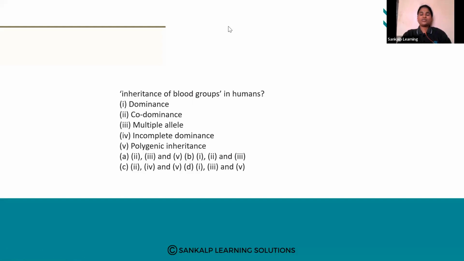AB blood group shows codominance. Aishu answered it correctly, option A, 2, 3, and 5. Multiple allelism, then codominance, as well as polygenic inheritance.